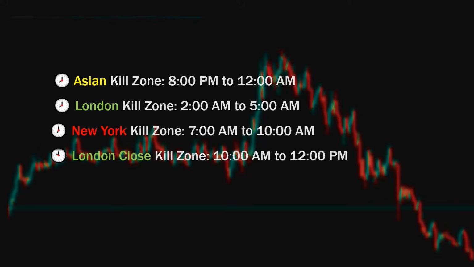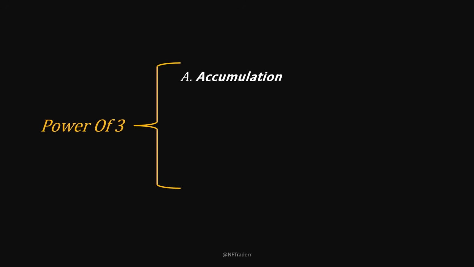Before we dive deeper into how price reacts in each of these kill zones, we need to cover something even more important: market phases. The market always moves in cycles, and understanding these phases helps us anticipate what's likely to happen next. There are three main phases: accumulation, manipulation, distribution. Think of this as a continuous loop.